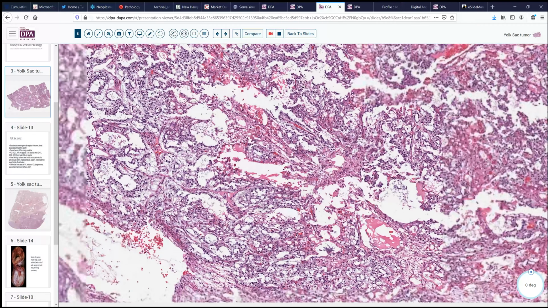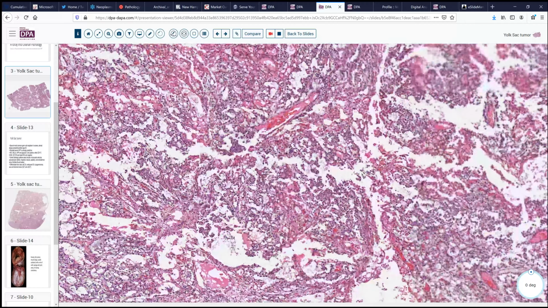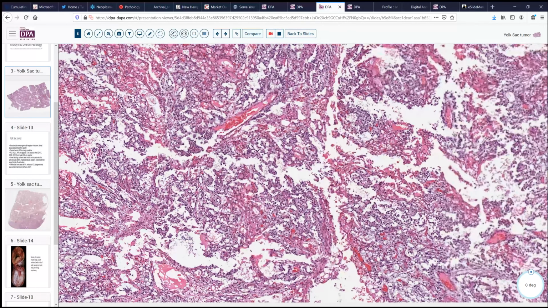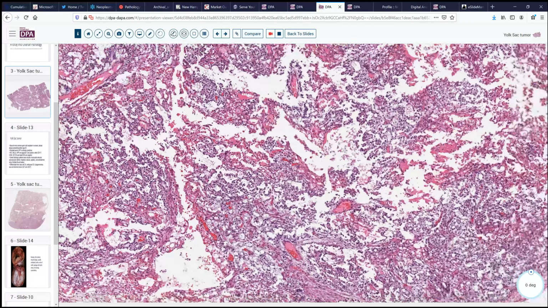Of course, it would be important to make sure that this is an isolated single type entity. We don't want to miss areas of other types of germ cell, either teratoma or any mixed germ cell features.